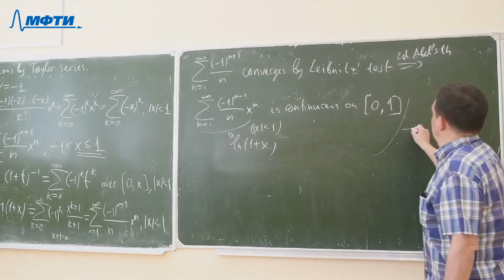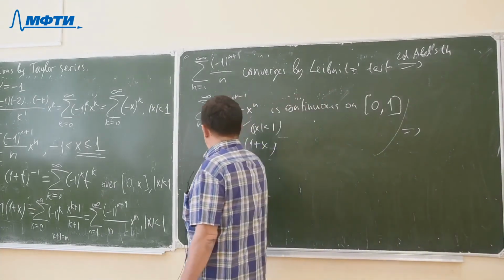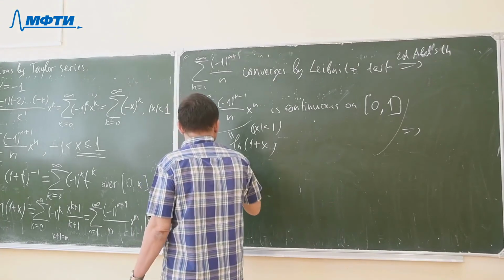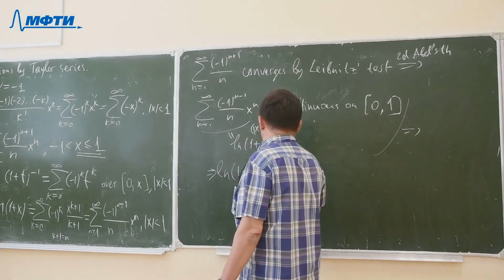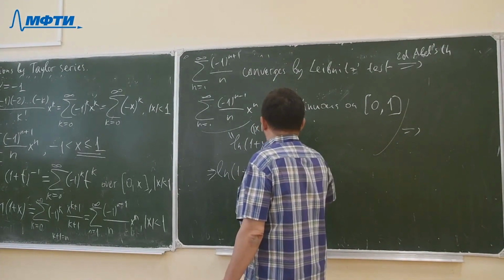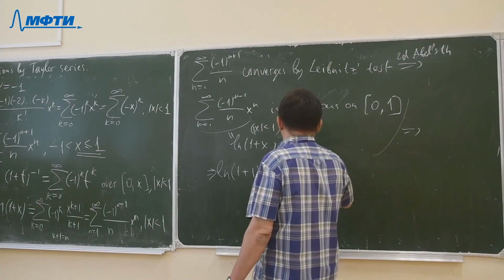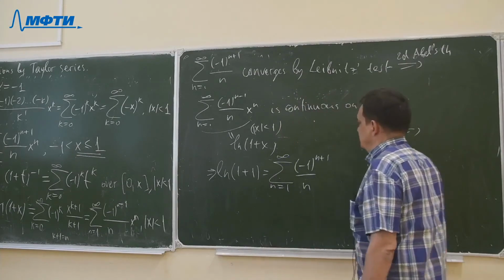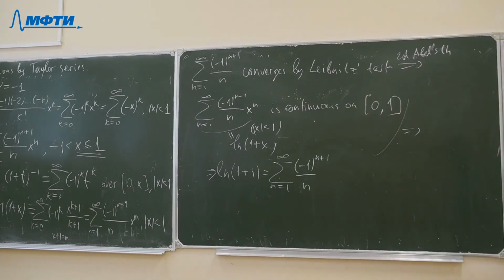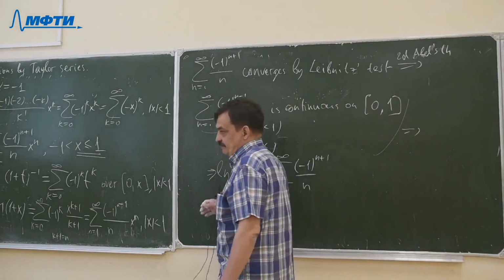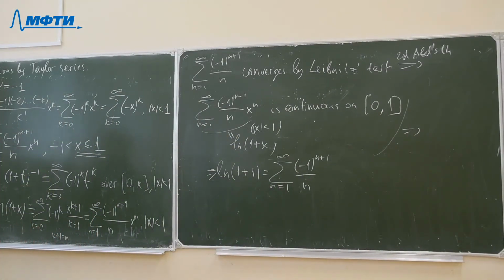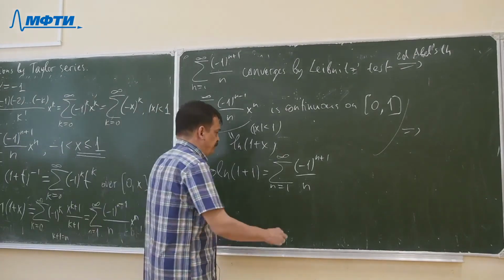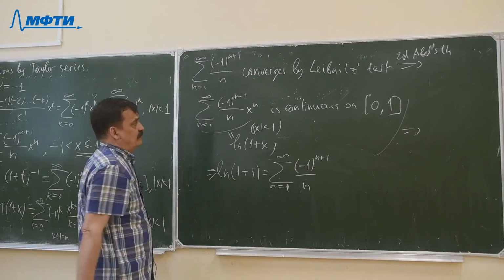So, we obtain logarithm 1 plus 1 equals the sum of our series, minus 1 to the power n plus 1 over n. That is logarithm 2, right? That is a nice consequence of the second Abel's theorem.